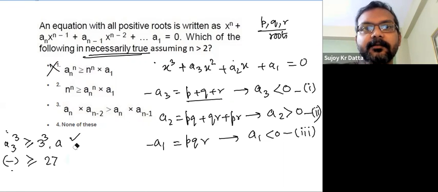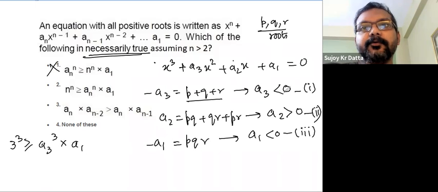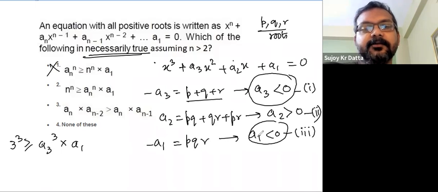So let me remove that. Now let us look at the second option. It says 3 cubed is greater than or equal to a3 cubed times a1. Now a3 cubed will be negative, a big negative because you're cubing a negative, and a1 is also negative, so the product of the two negatives will be positive.